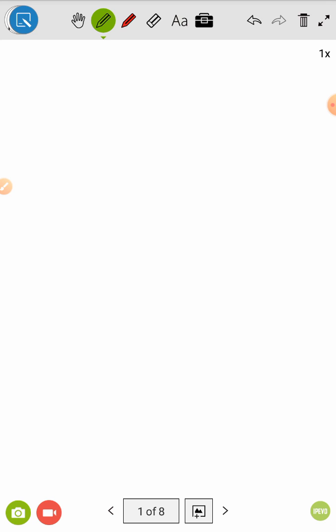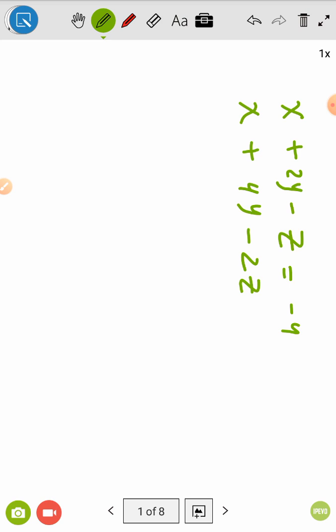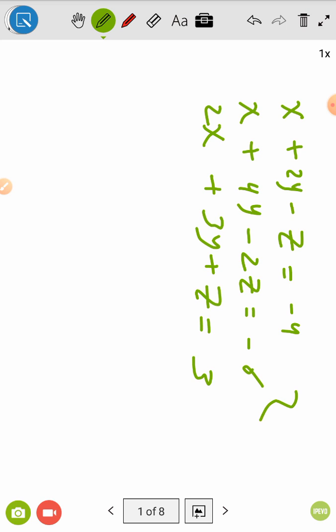If you have any linear system consisting of three variables like this, x plus 2y minus z equals negative 4, x plus 4y minus 2z equals negative 6, 2x plus 3y plus z equals 3.